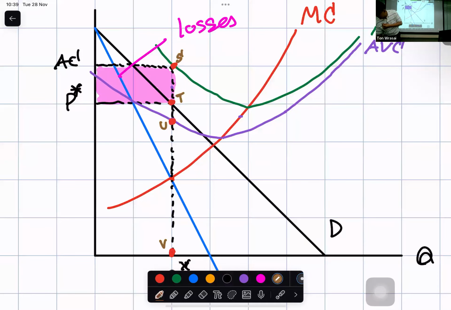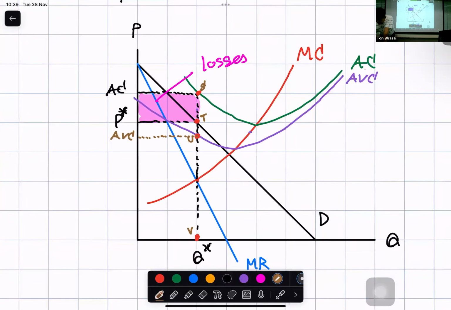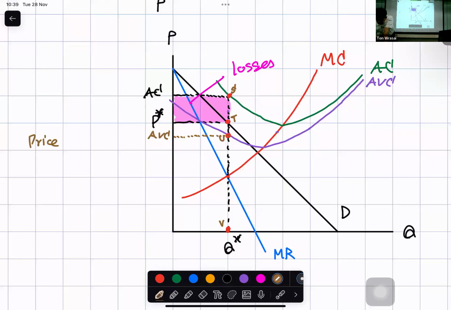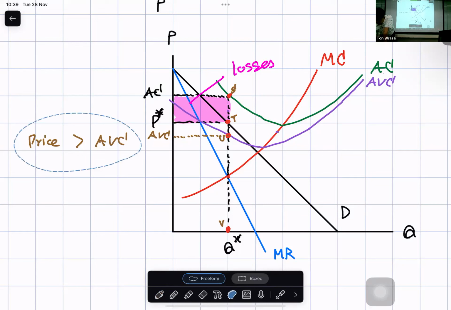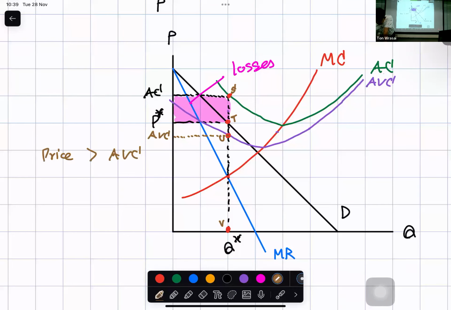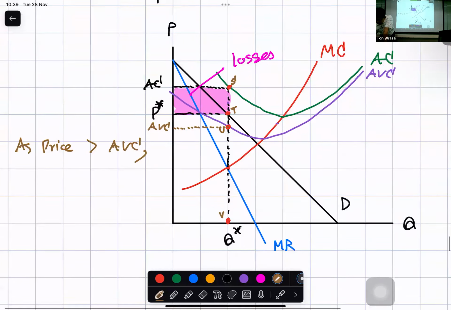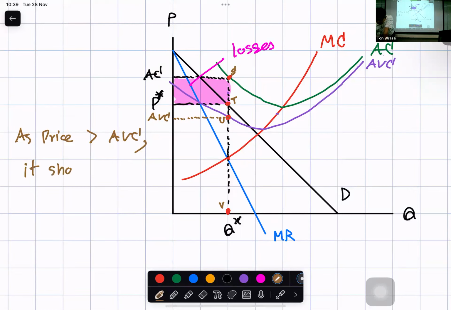Now, price is above AVC. It should continue to produce.